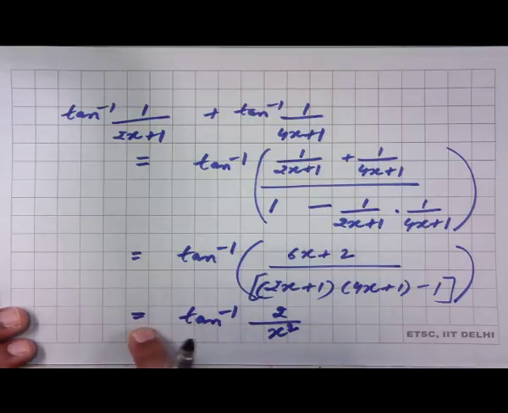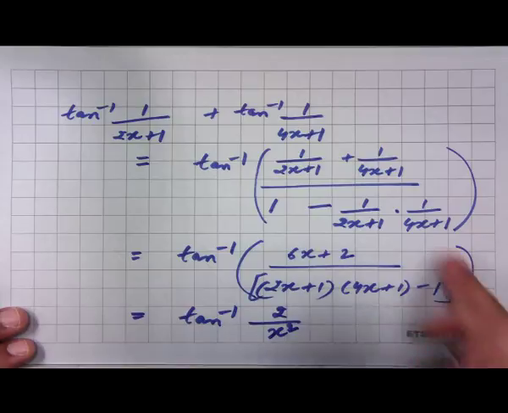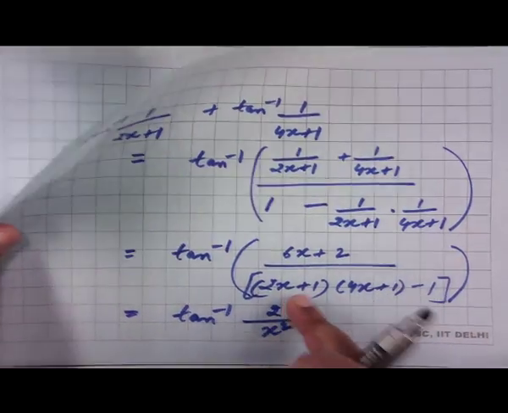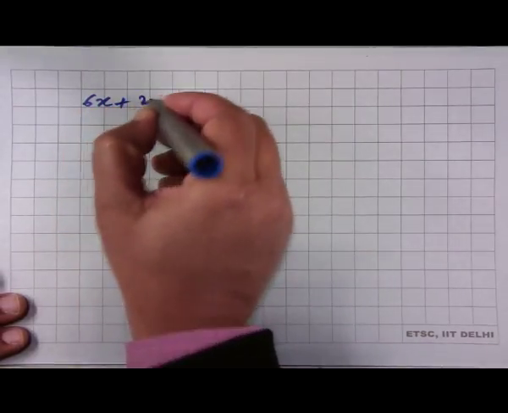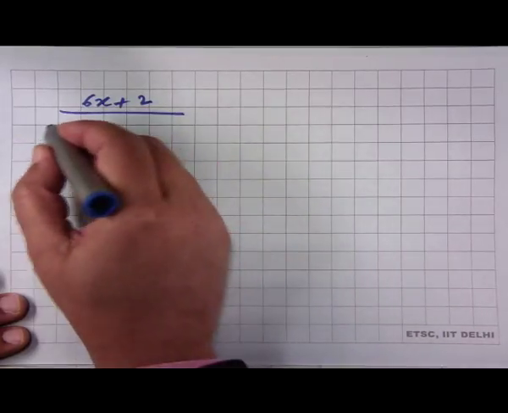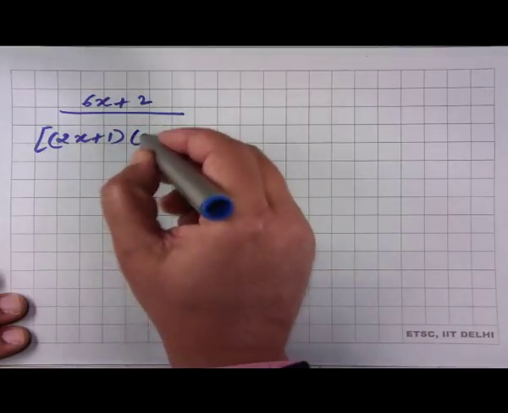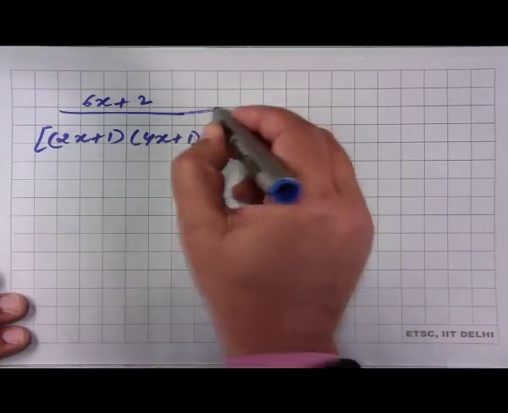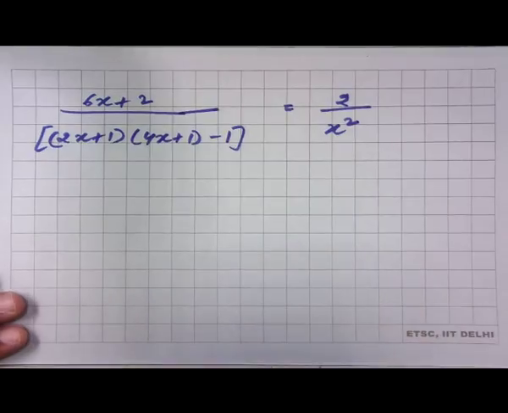From this equality, this and this are equal, and therefore it follows that this argument here should be equal to 2 by x square. That is, 6x plus 2 over 2x plus 1 times 4x plus 1 minus 1 equals 2 over x square.